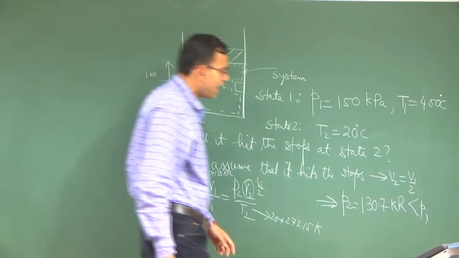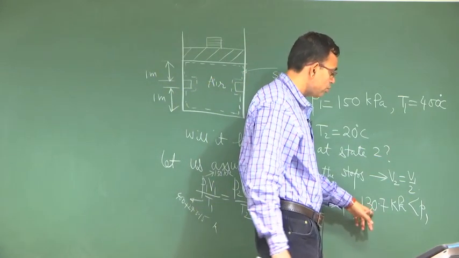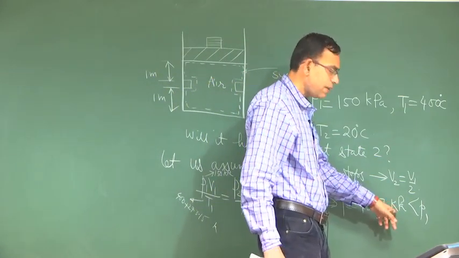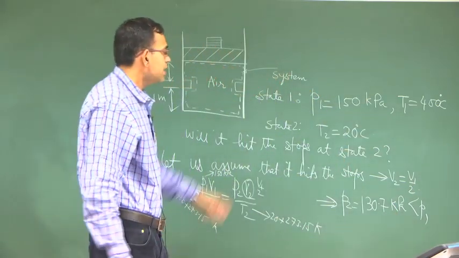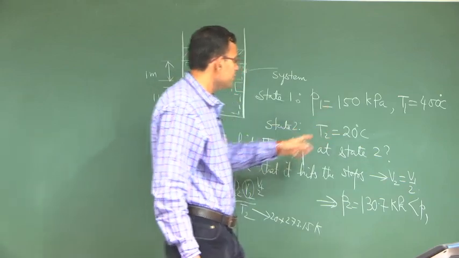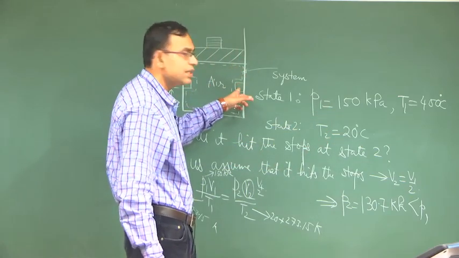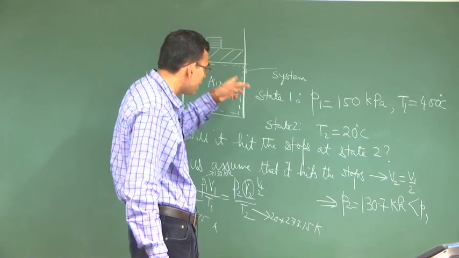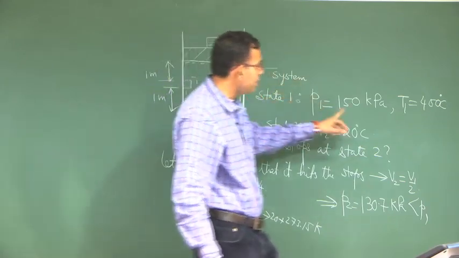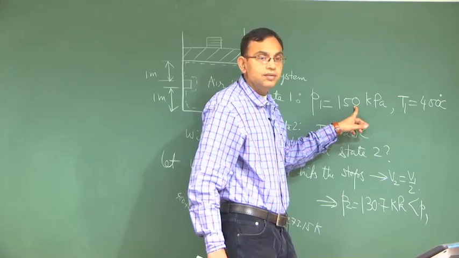So, the very fact that the pressure has come down to 130.7 kilopascal, and this is because of continuous heat rejection, signifies that it has already hit the stops, because if it has not hit the stops or has just hit the stops, the pressure will still remain 150 kilopascal.